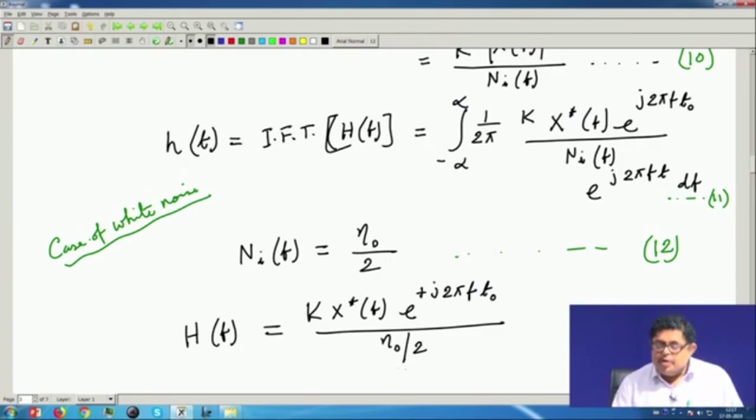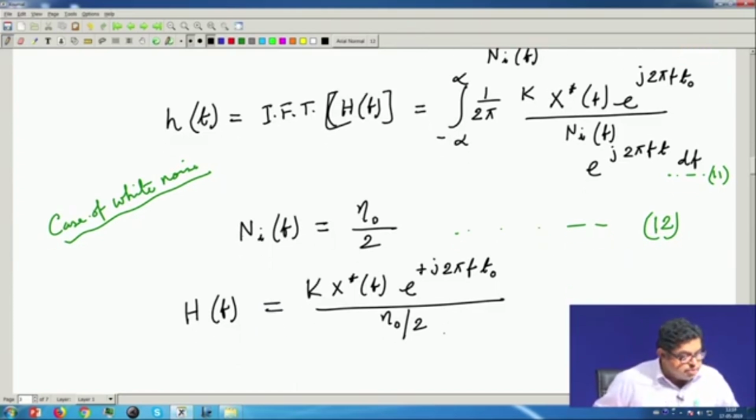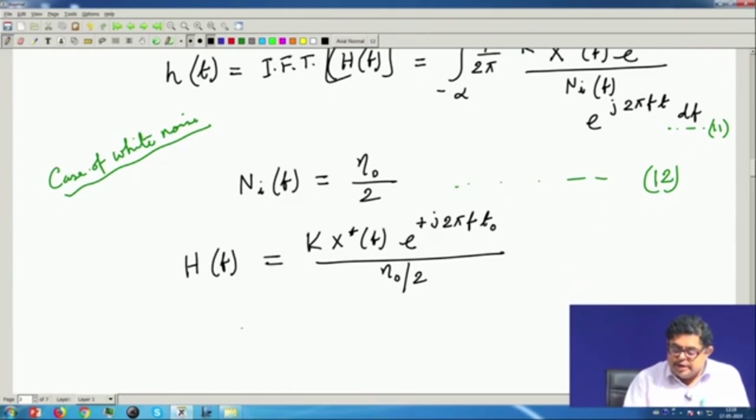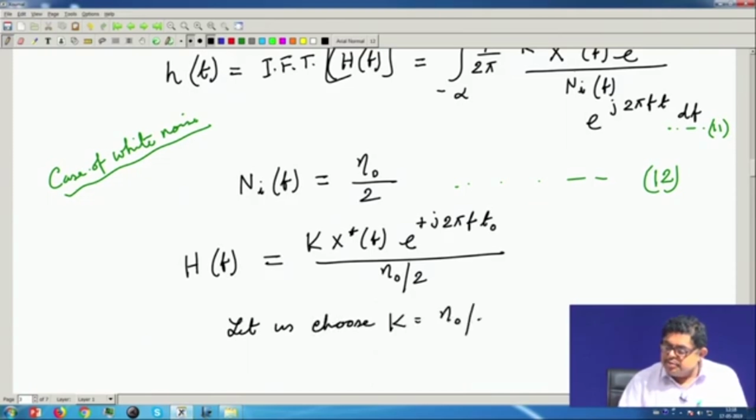Now you see K is an arbitrary constant. So, if we set K equal to eta naught by 2, because eta naught by 2 is a known thing, if I measure noise, we can easily find what is eta naught. So, our next step is, let us choose K equal to eta naught by 2.